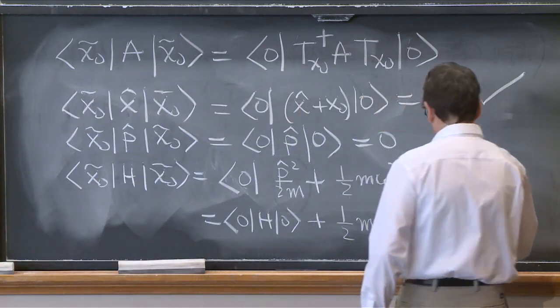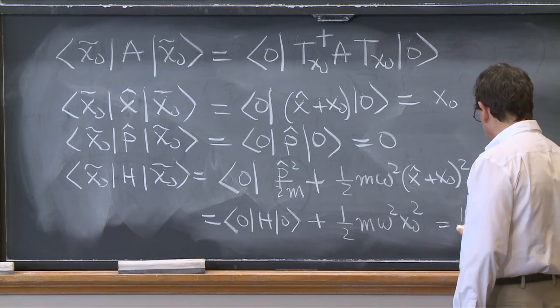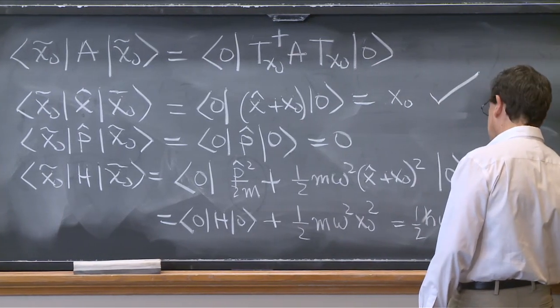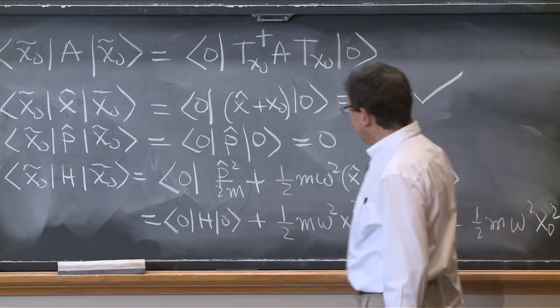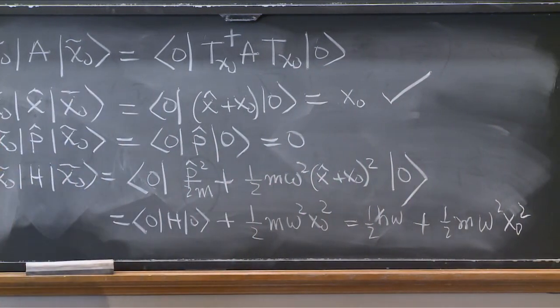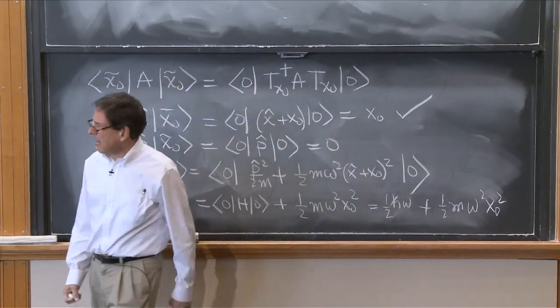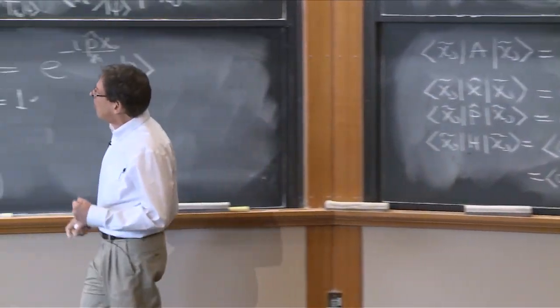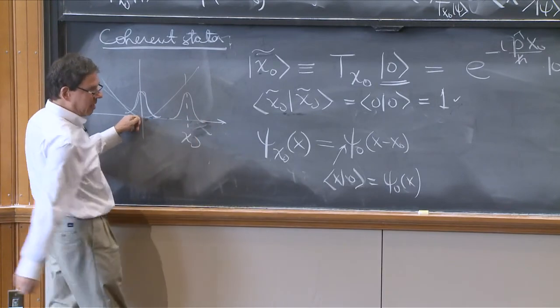And what is the expectation value of the Hamiltonian on the vacuum? It is h bar omega over 2 plus 1/2 m omega squared x0 squared. And you start seeing classical behavior. The expectation value of the energy at this point is a little quantum thing plus the whole cost of stretching something all the way to x0.